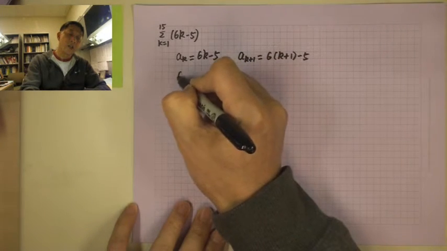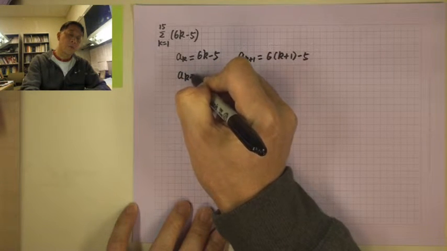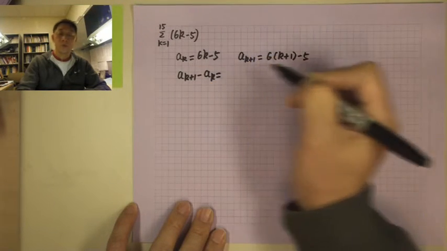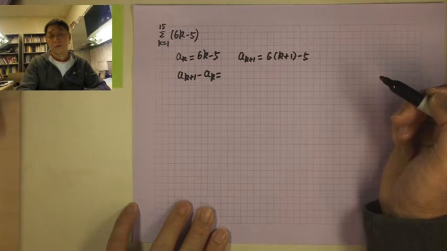Then you got to check a_(k+1) minus a_k, which should be a constant.